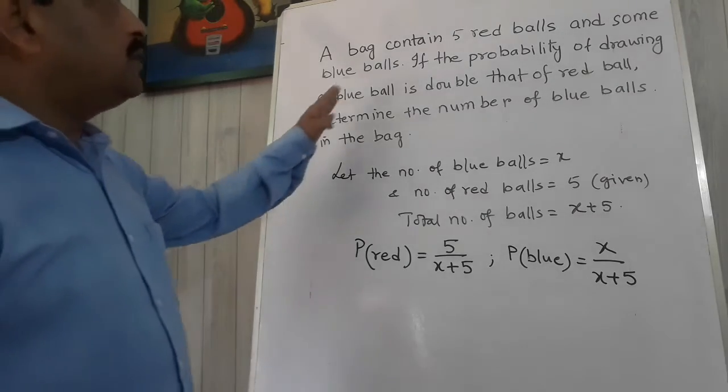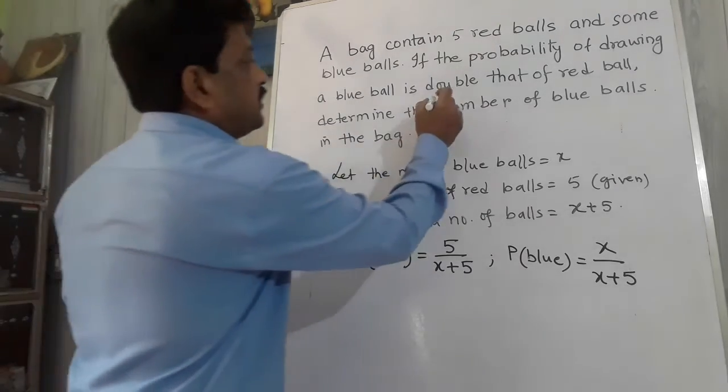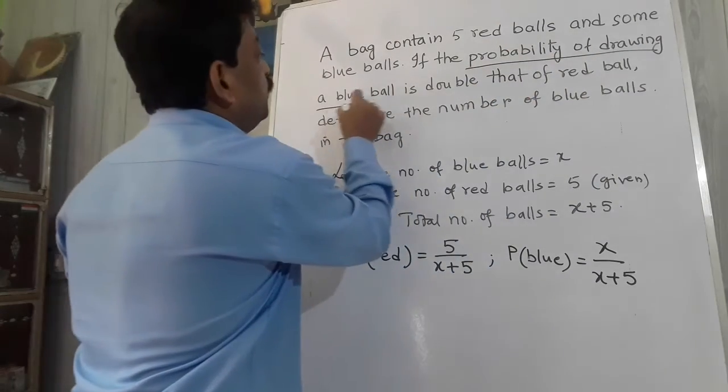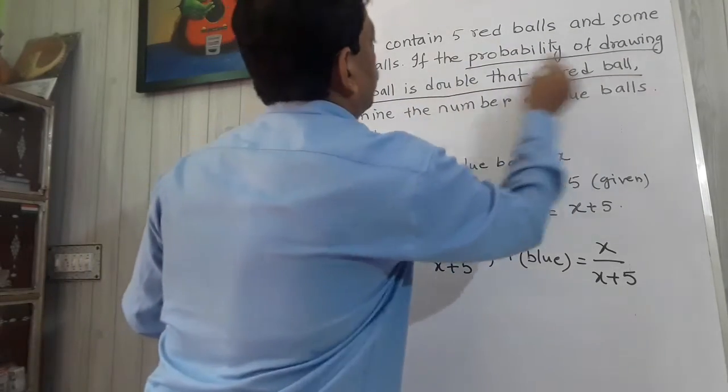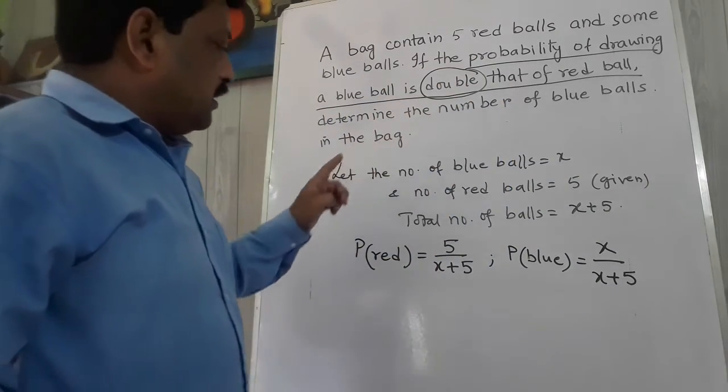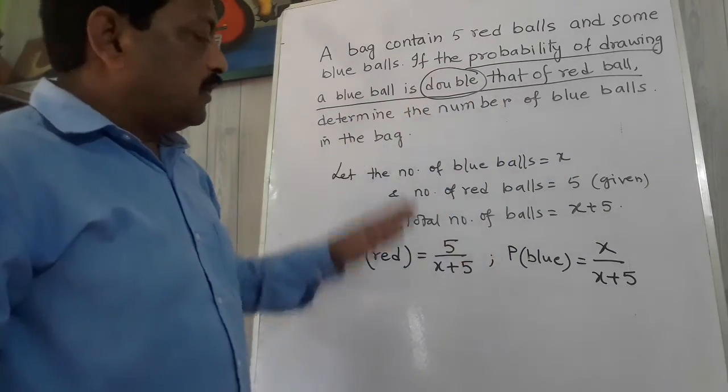Now what is the condition of the question? The condition says the probability of drawing the blue ball is double that of the red ball.